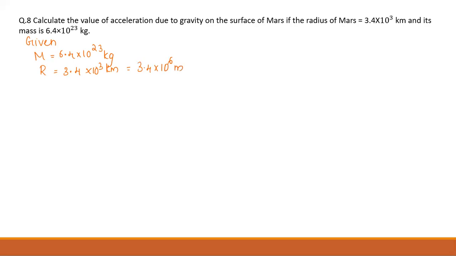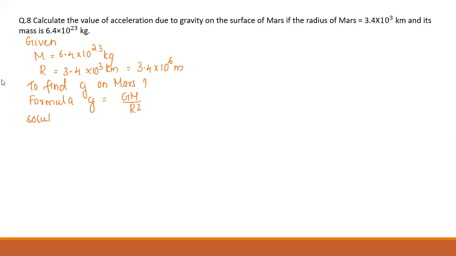Now we want to find out acceleration due to gravity on the surface of Mars. We know that the formula for acceleration due to gravity, g on Mars, is g is equal to GM upon R square.